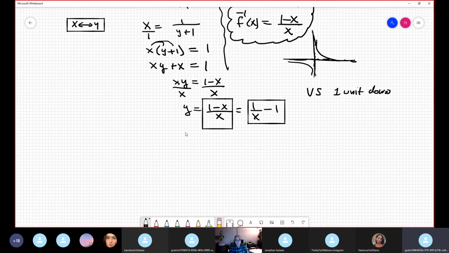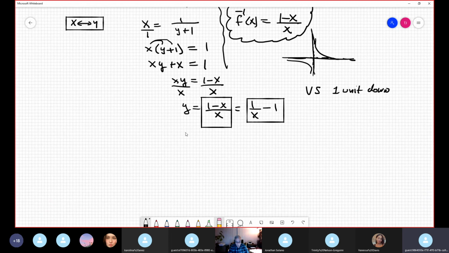Verification, double checking if they undo each other or not. In step 3, you verify that f composed with f inverse is equal to the identity, or that the inverse composed with f is the identity. Let's do it in this case, a little bit complicated.